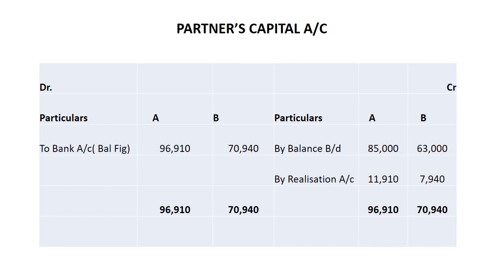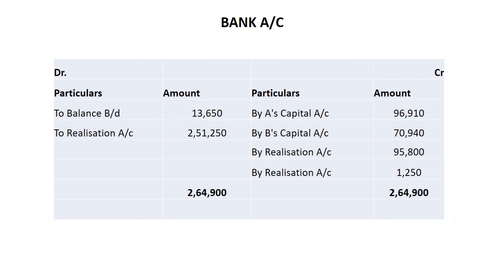Again listen. When we prepare partners capital account in dissolution, we do not write to balance c/d, because the business has now been dissolved. So the balancing figure we write as to bank account or by bank account.